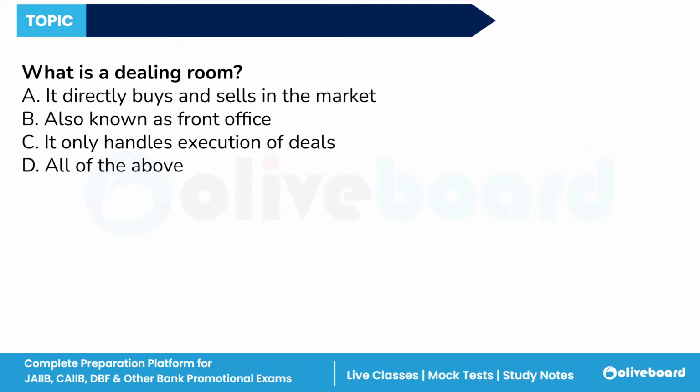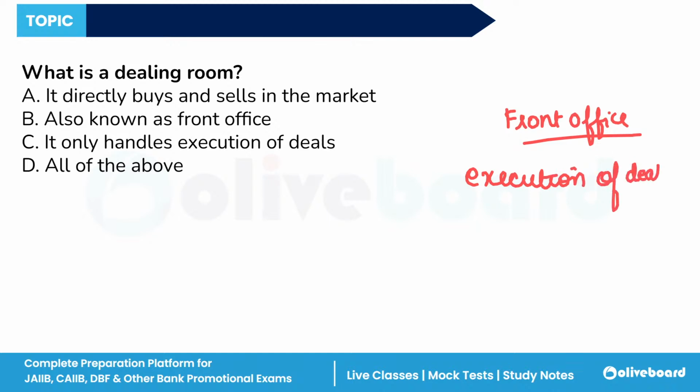What is the dealing room? Lots of questions on globalization and treasury; now the dealing room. The dealing room is known as the front office. We know that there are three types of office: front office, mid office and back office. The dealing room only handles the execution of deals.